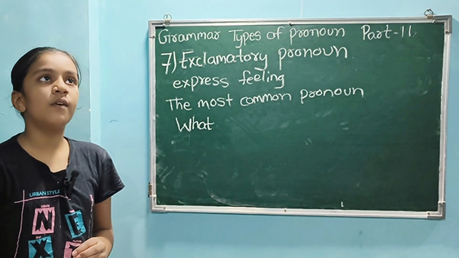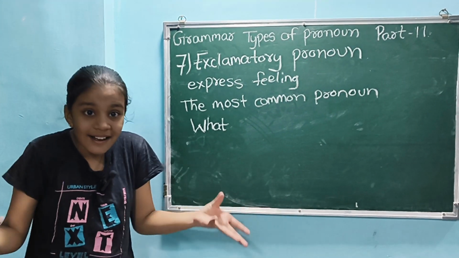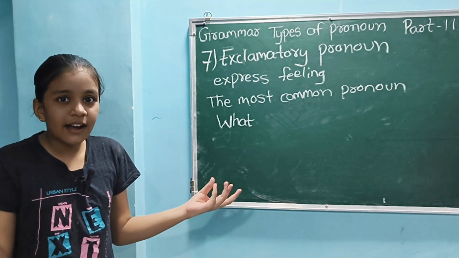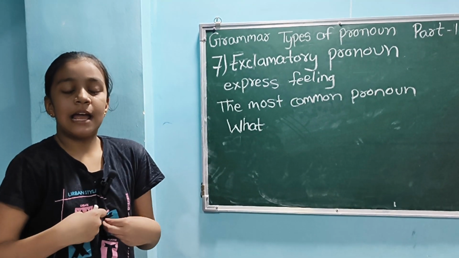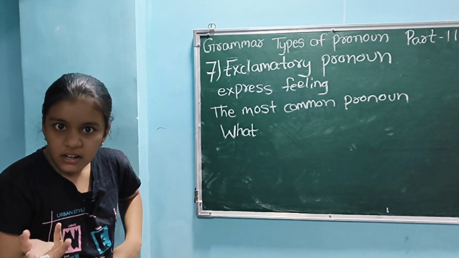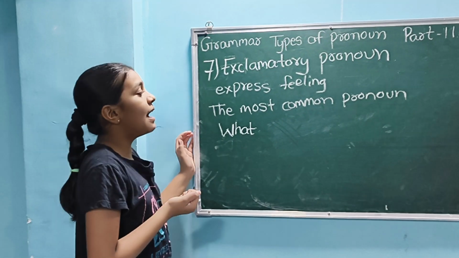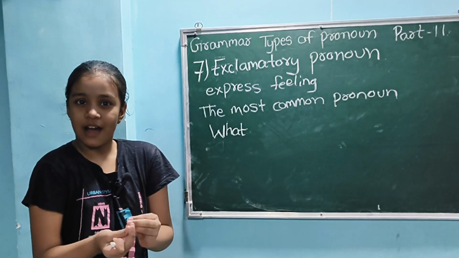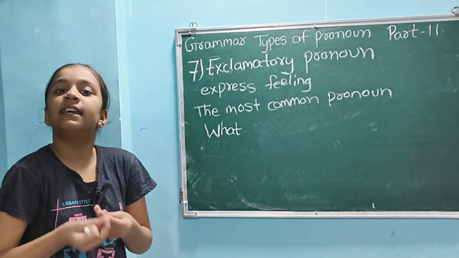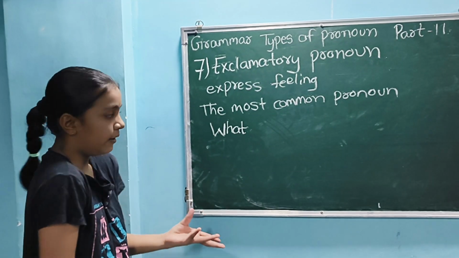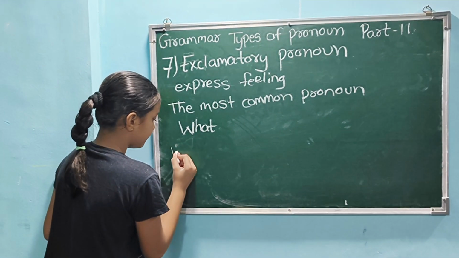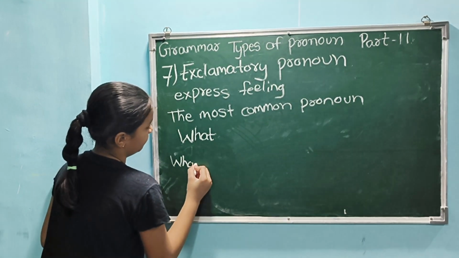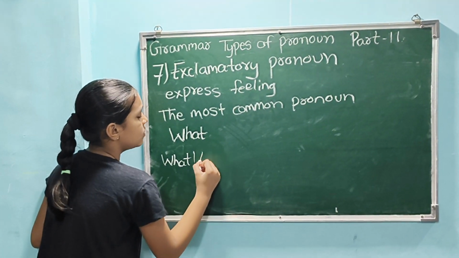So I will give you one example. What, you are hungry? I will tell you what, you are hungry. I am excited and telling what, you are hungry, like this. I am asking you that what, are you really hungry? I am asking that with expressing my feeling. Okay, what, are you hungry?